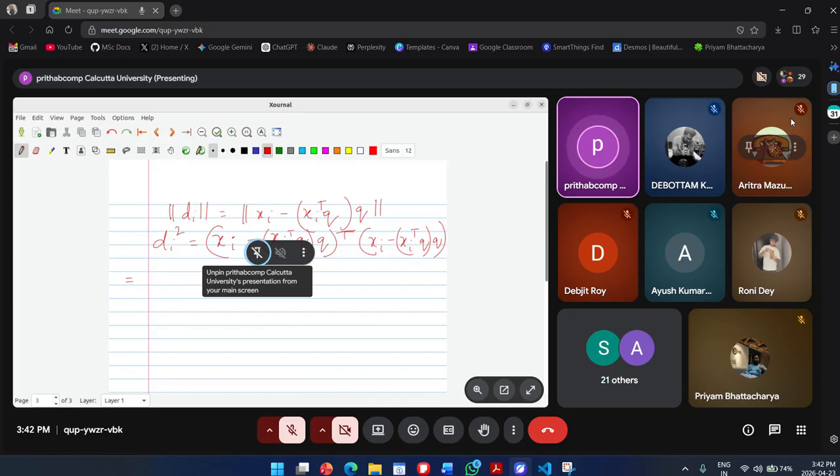Now we will simply do some matrix algebra. So I'm applying this transpose on this particular term and then multiplying with this.